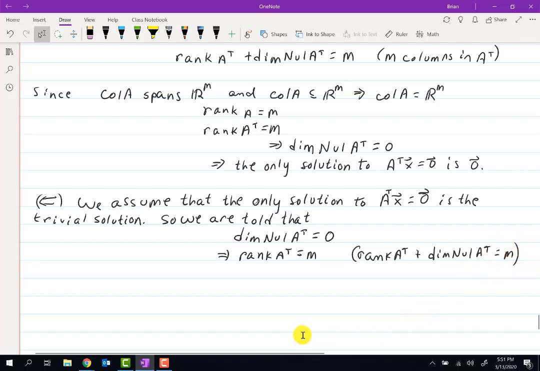So this implies that rank A also equals m, since it's just the same thing.